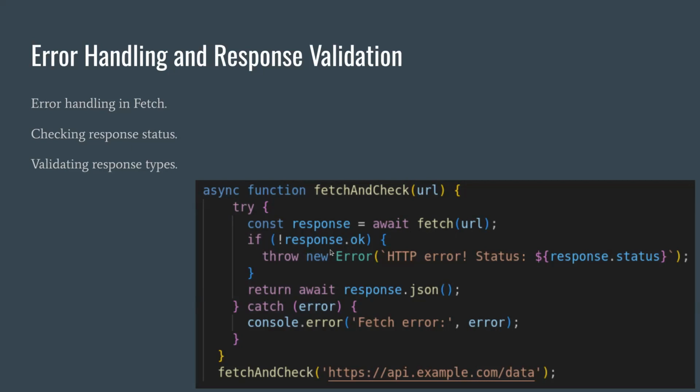Here is a conditional asking if the response doesn't return with status OK, it will throw a new error and it will print out what the response status is. Once this error is thrown, it will be caught here and we will provide console error.